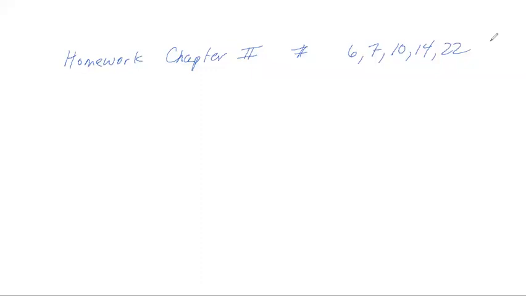Number 6, chapter 2 says, a Honda Civic travels in a straight line along a road.